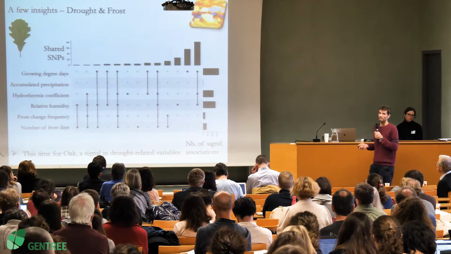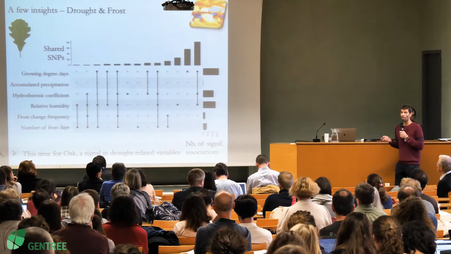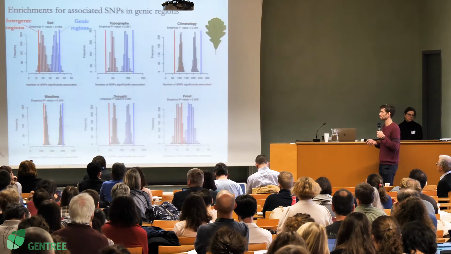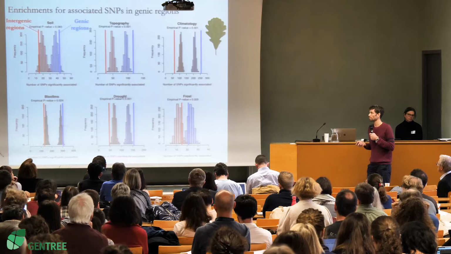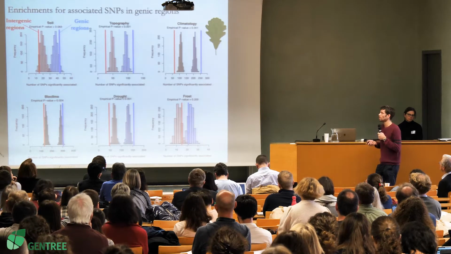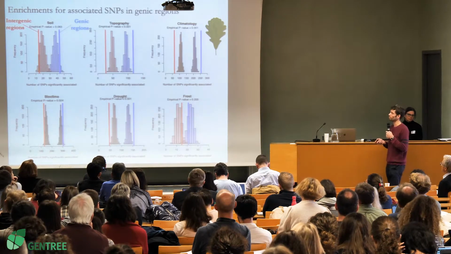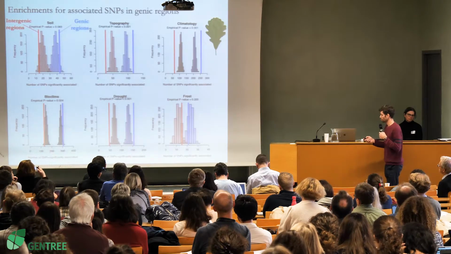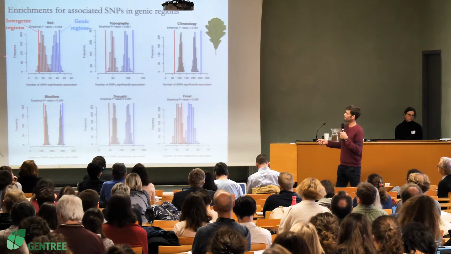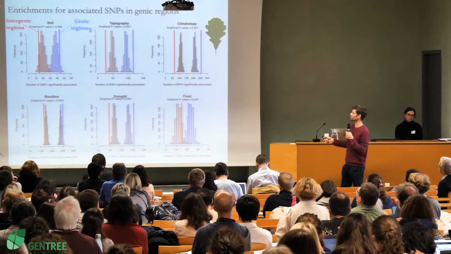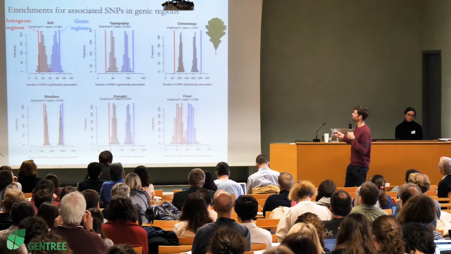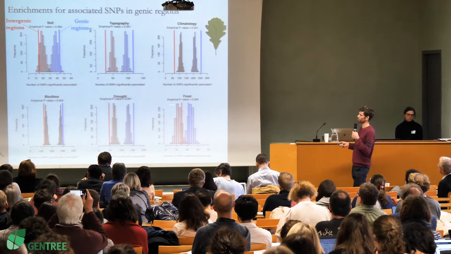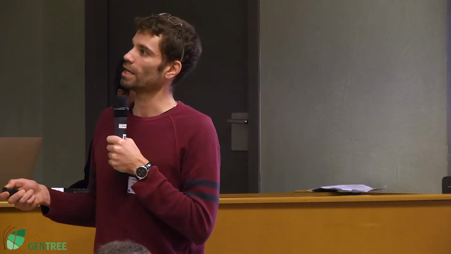But this is just at the SNP level, and of course we want to know more about the genes, so we used the oak reference genome to test if we have enrichment for associated SNPs in genic regions. So you have again the groups of environmental factors: soil, topography, climatology, bioclims, drought, and frost, and within each we have several variables. Keep it in mind.